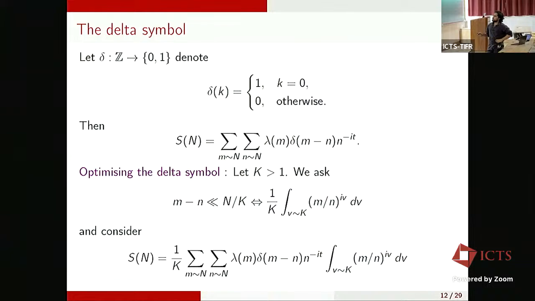And we detect this using this integral. This integral will more or less say that m minus n has to be less than N by K, or else this is negligibly small.